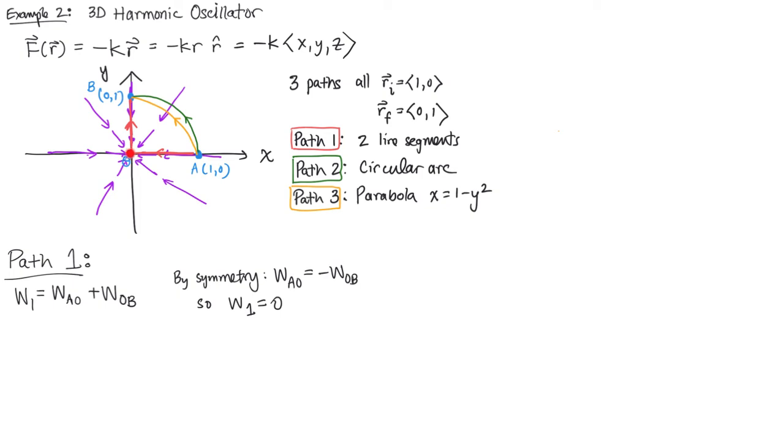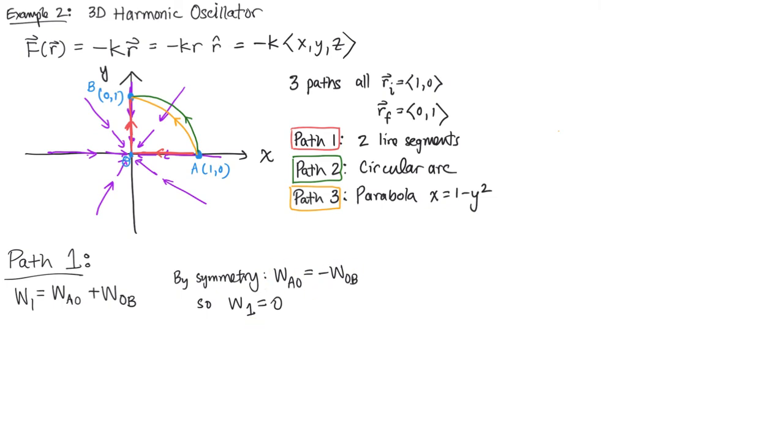Then we get to the origin and go up to B, and we have the same length path and the same set of force vectors, but now our path is pointing opposite the force. So in the first leg, we have a positive work done. In the second leg, we're going to have a negative work done, but the magnitude of those two works is going to be the same, so they're going to cancel, and we'll be left with 0.